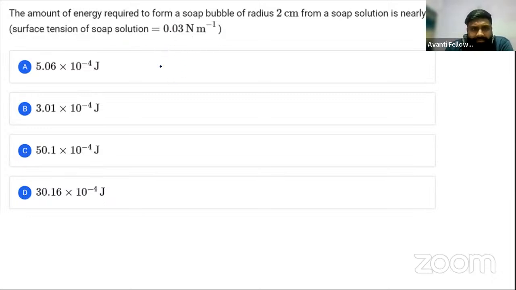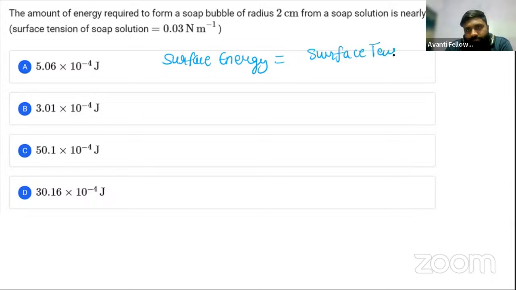So we know that surface energy is that energy that we require to form the soap bubble. So surface energy is given by surface tension multiplied by area.